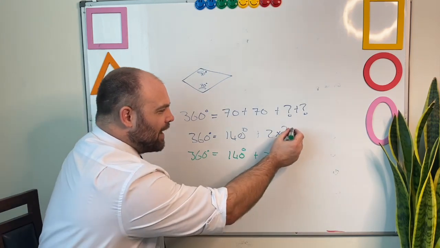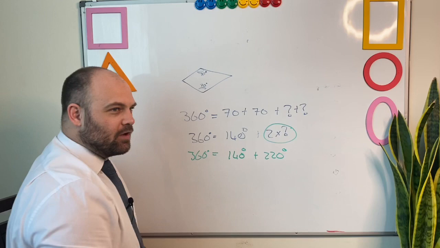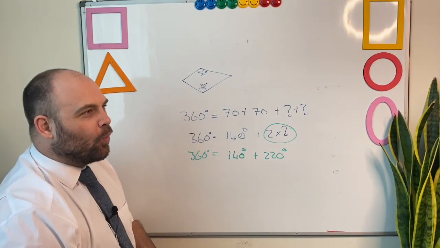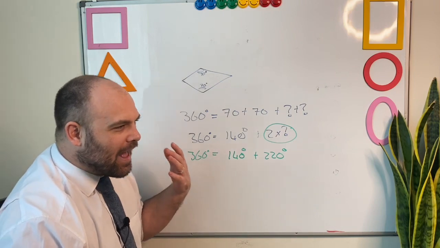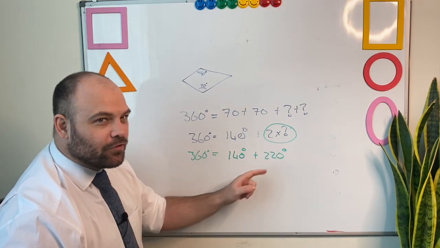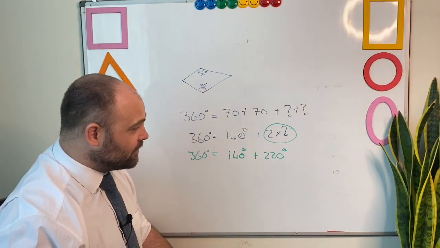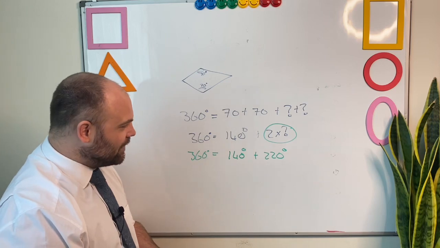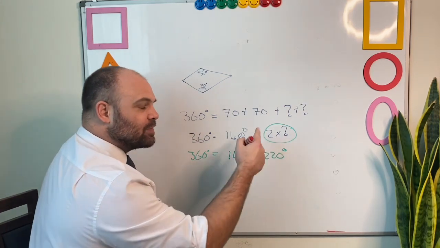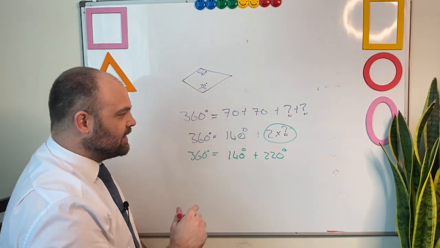So I know that my two missing angles here must be equal to 220 when you add them together. What do you have plus itself? 2 times what is going to give you 220? Well, 220 divided by 2 is 110. So I know that each of these angles must be 110. 2 times 110 is 220.